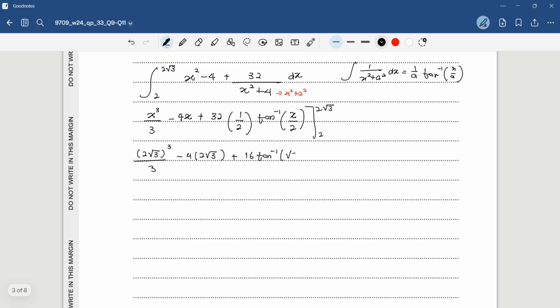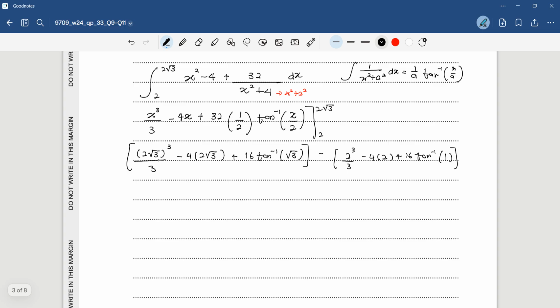arctangent 3 over 2, minus 2 cubed over 3 minus 4 times 2 plus 16 arctangent 1.